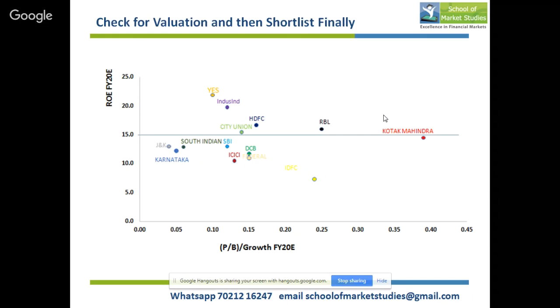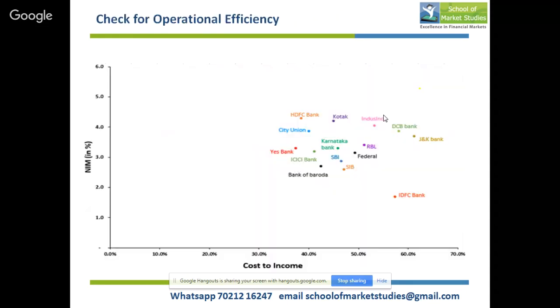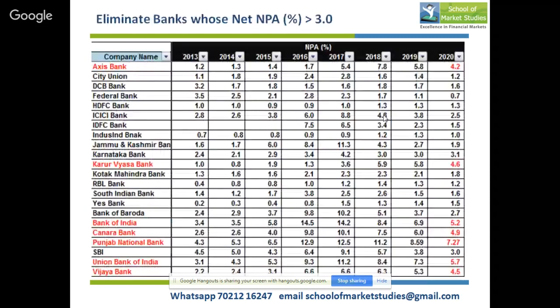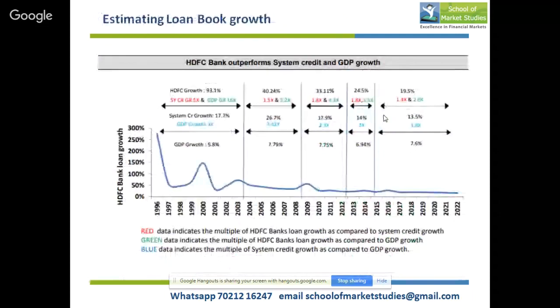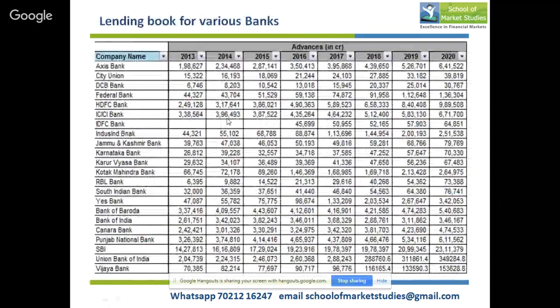Now let's go back a few sheets and see how the AUM growth has happened over the various years. If you notice RBL Bank here in this column, from 6,000 crores it is carving out a journey to 73,000 crores by 2020.